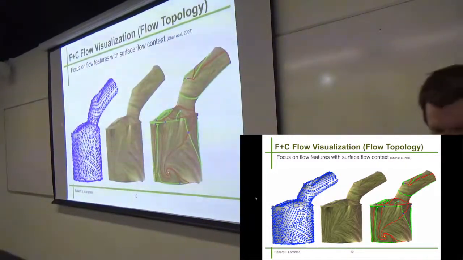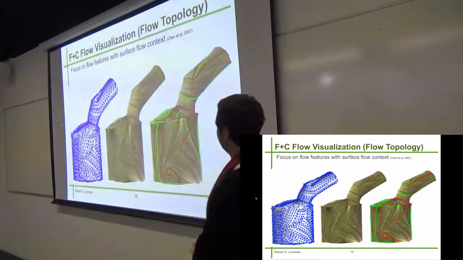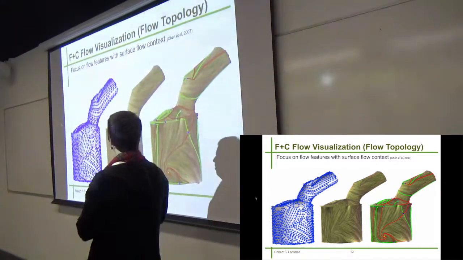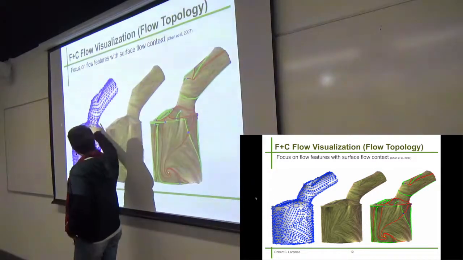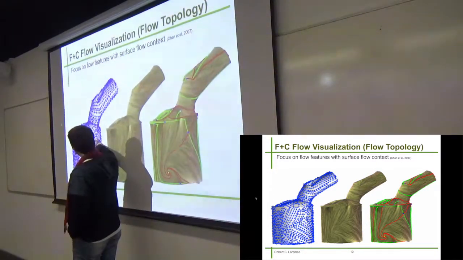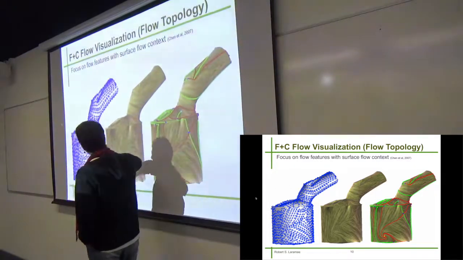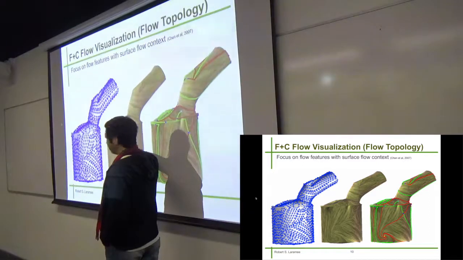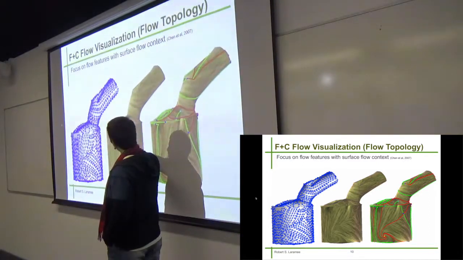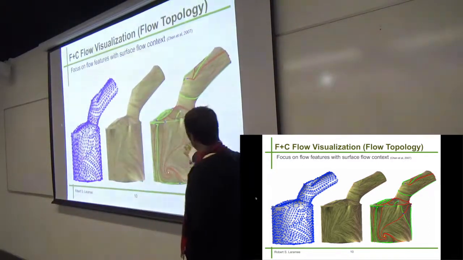There's another kind of focus and context visualization that we're going to talk more about when we get to the flow-viz part of the module. This is a visualization of flow at the surface using vector glyphs. This is the same data, but visualized using texture. And then we have a focus and context version.